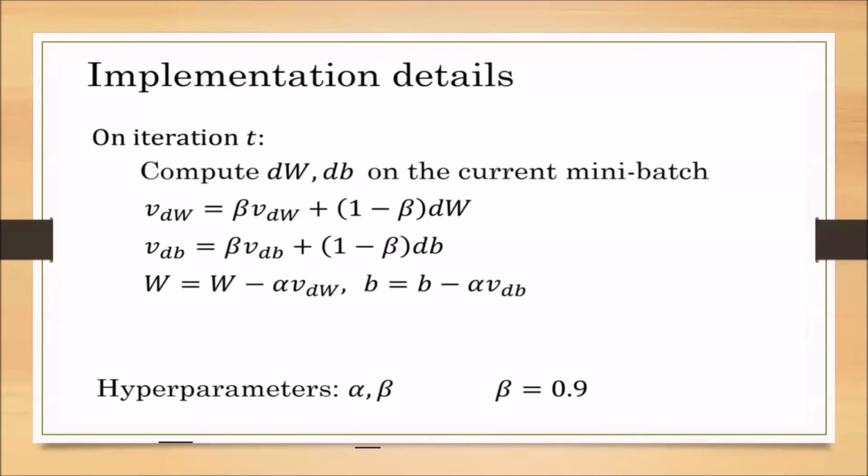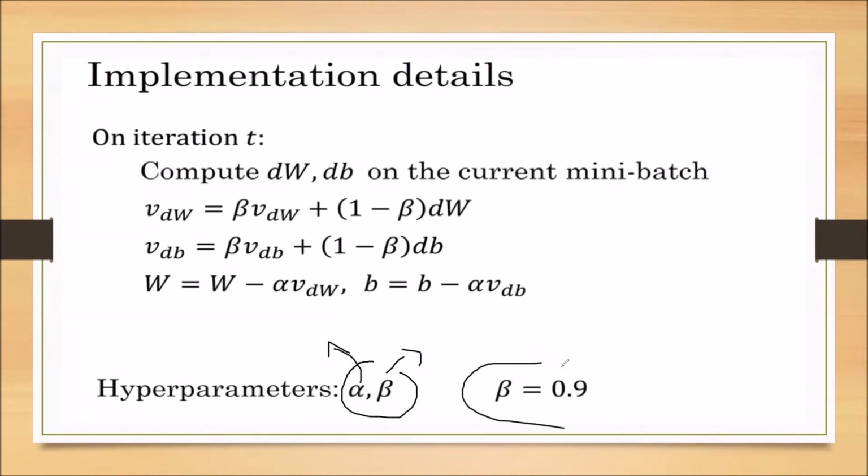Now we are applying the concepts we have learned until now in the equations. Already we know these three equations. We are finding VdW and VdB. We are substituting VdW in the W, and we are substituting VdB in the B. We are calling alpha and beta hyperparameters. We already know alpha is the learning rate, and beta, we discussed yesterday, is the weight.